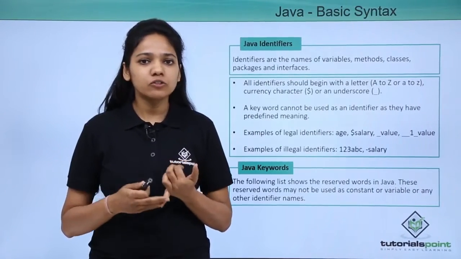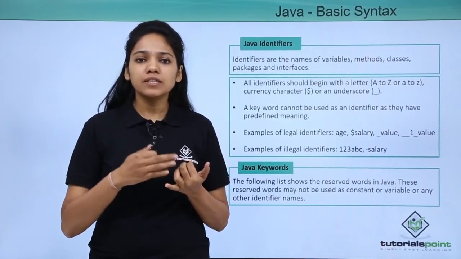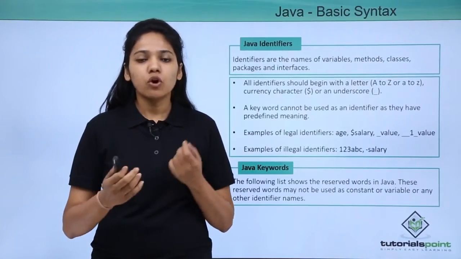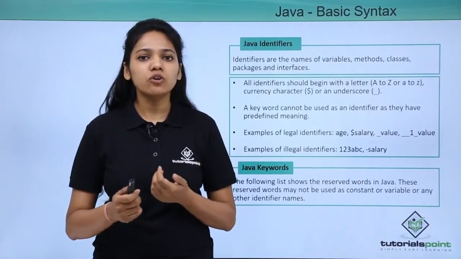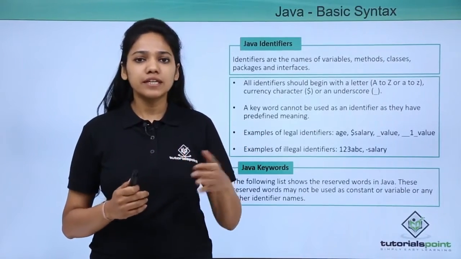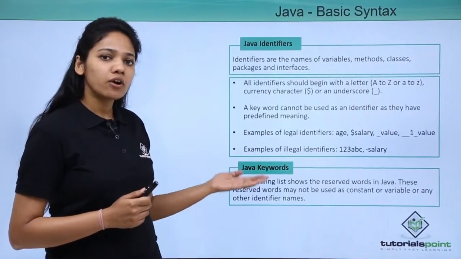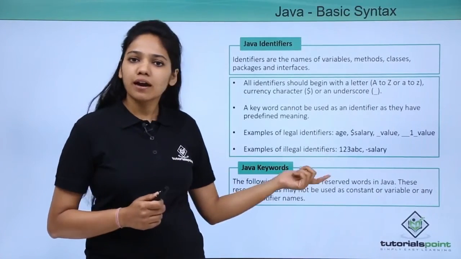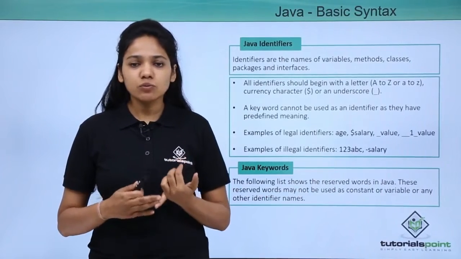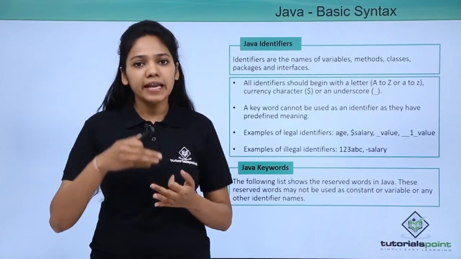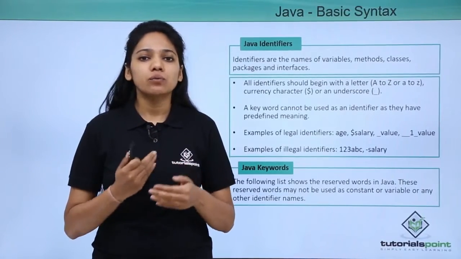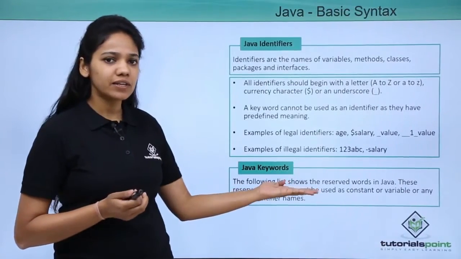The name should start with an uppercase or lowercase letter A to Z, or an underscore, or a currency character called a dollar. So you have certain examples of valid and illegal identifiers. Legal identifiers start with a letter, an underscore or a dollar sign. Anything apart from that, like starting with a digit or a minus sign as given here, will be an illegal identifier.